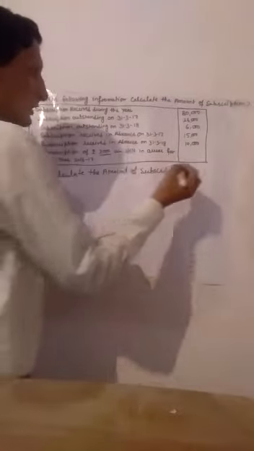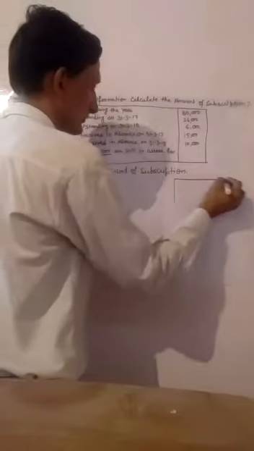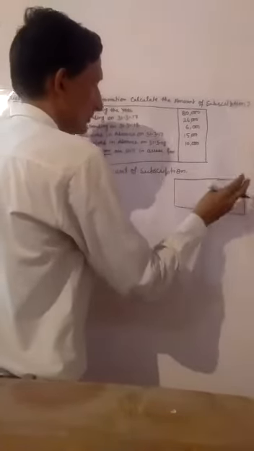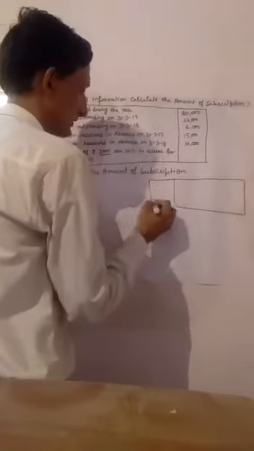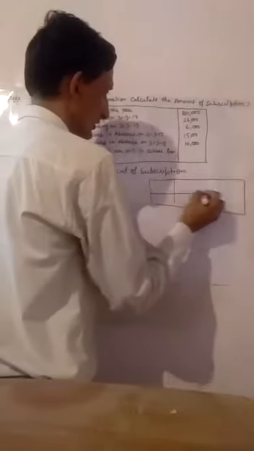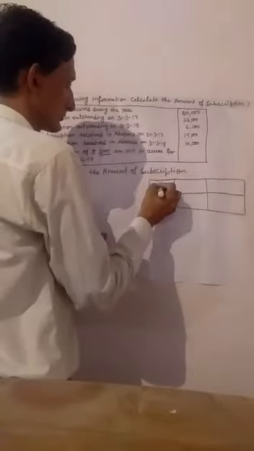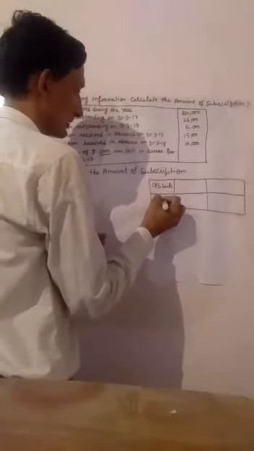We are going to maintain one box. In the box, on one side we write outstanding subscription and on the other side subscription received in advance.